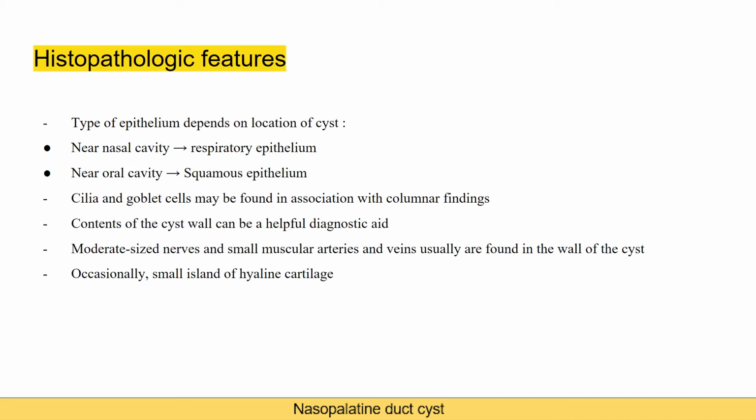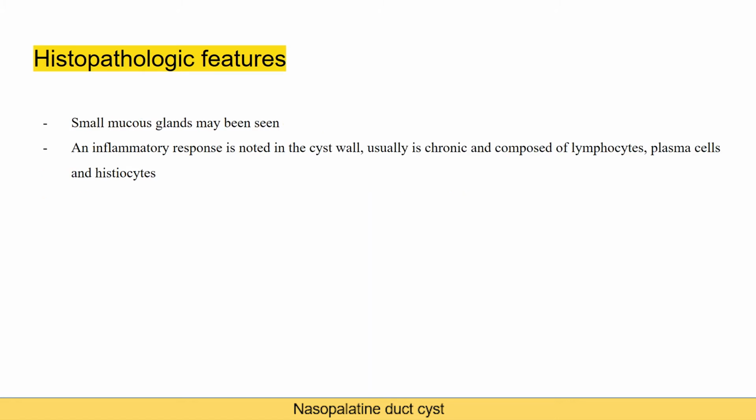The contents of the cyst wall can be a helpful diagnostic aid. Moderate-sized nerves and small muscular arteries and veins usually are found in the wall of the cyst. Occasionally, small islands of hyaline cartilage can be seen. Small mucous glands may also be seen. An inflammatory response is noted in the cyst wall, usually chronic and composed of lymphocytes, plasma cells, and also histiocytes.